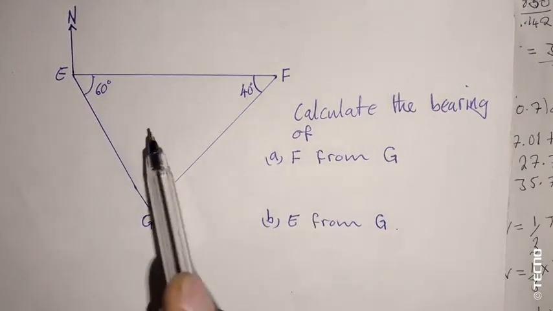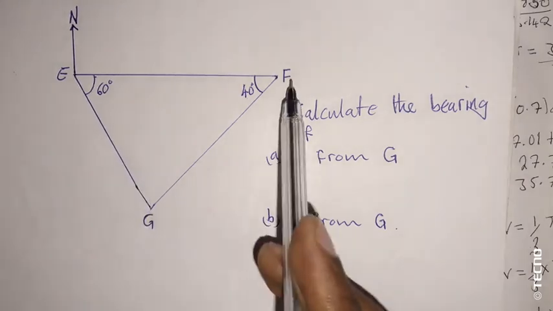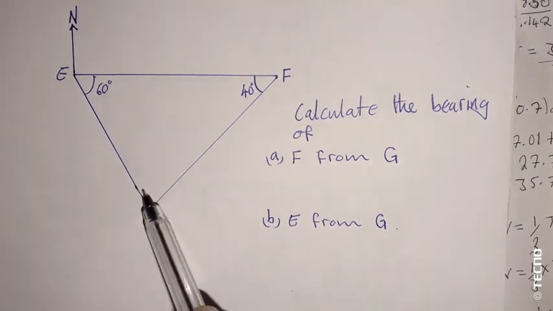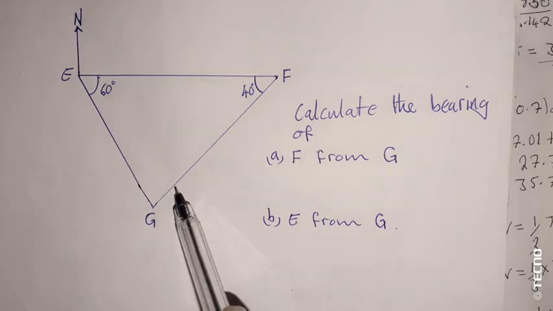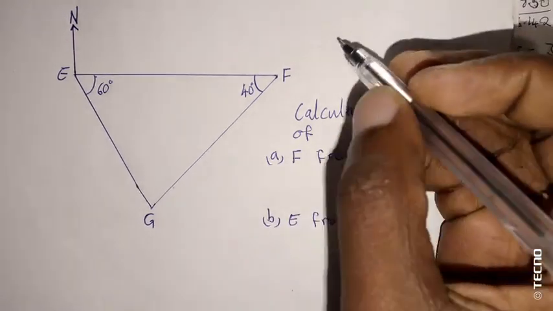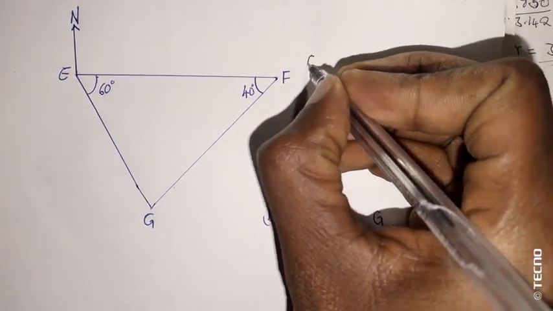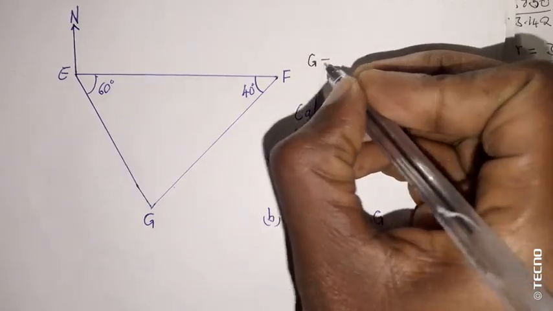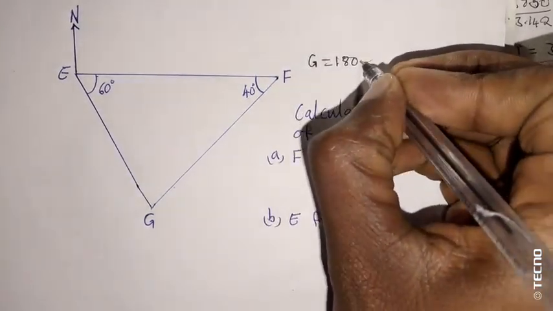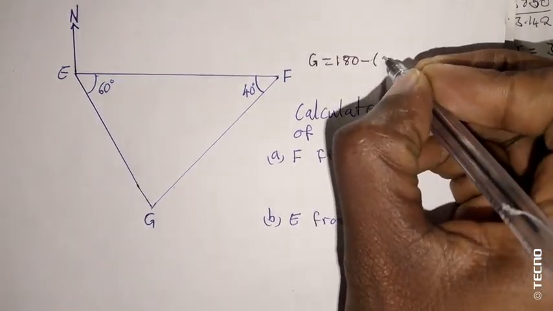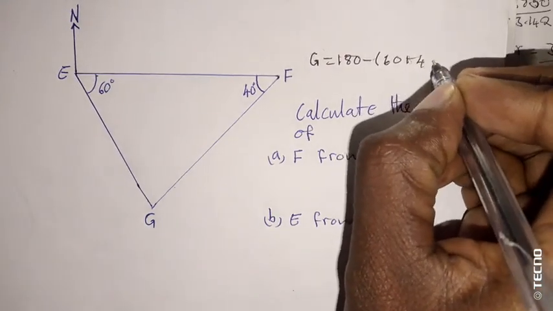Here we have 40, 60, 40, and this side we don't have. Okay, so we are going to find the angle at G. So the angle at G will be equal to 180 minus, open bracket, 60 plus 40.